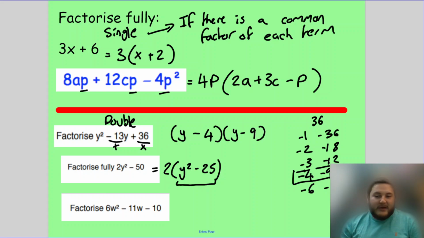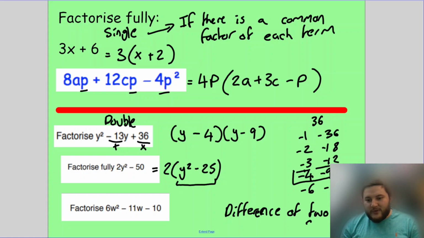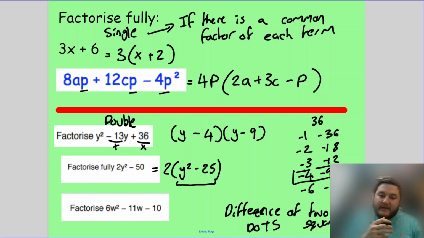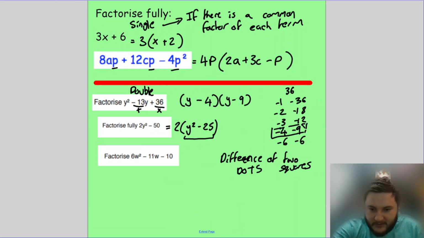I refer to it as dots, the difference of two squares, or as I like to shorten it, dots. So the difference of two squares is a special type of quadratic, and I'm just going to extend my page here, and hopefully you'll still be able to see that.